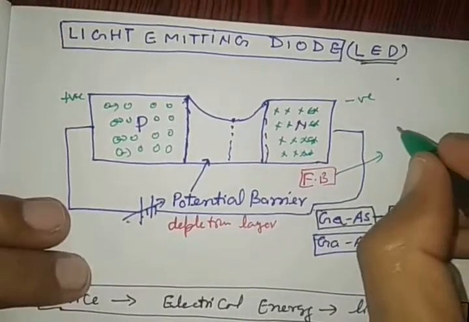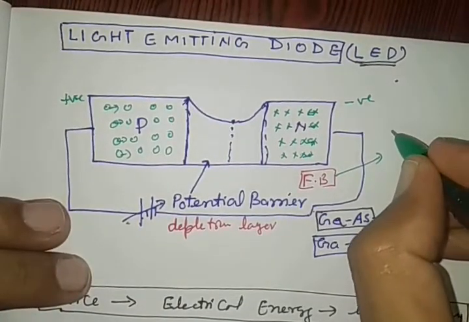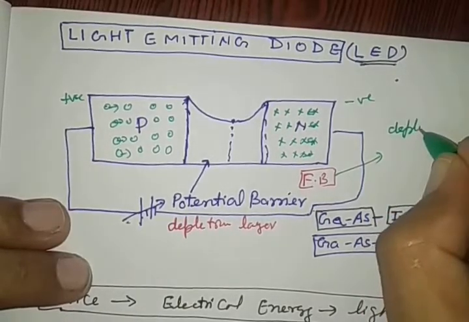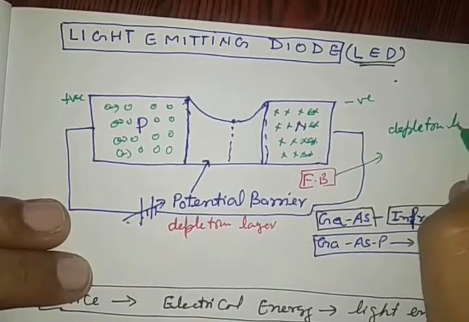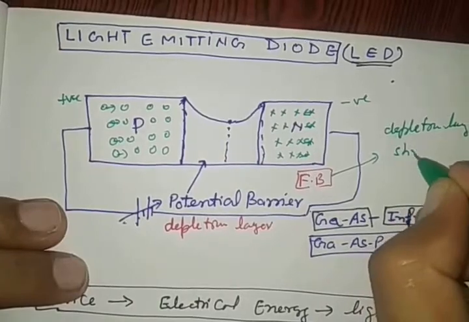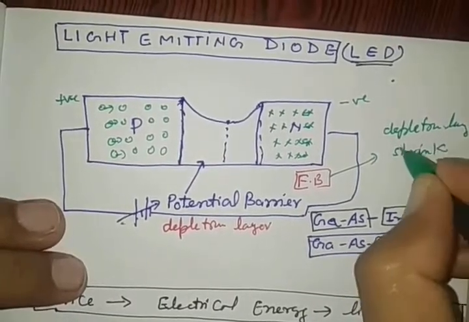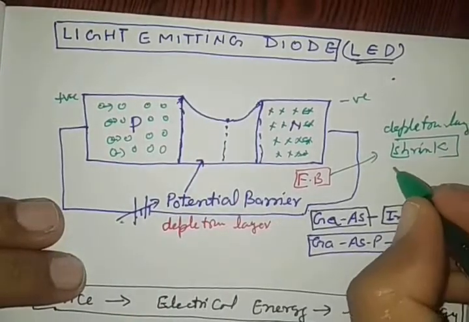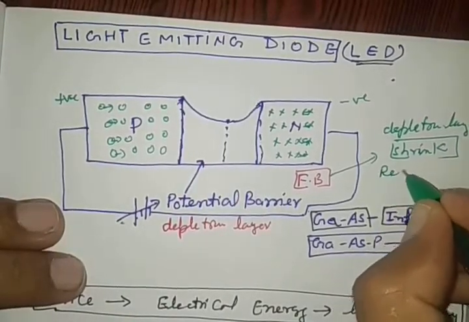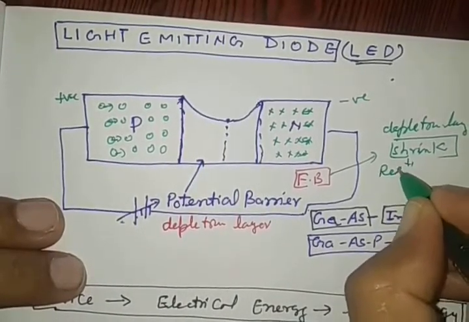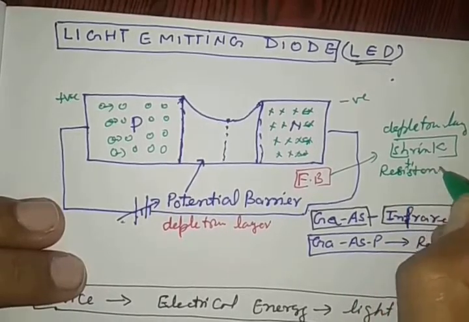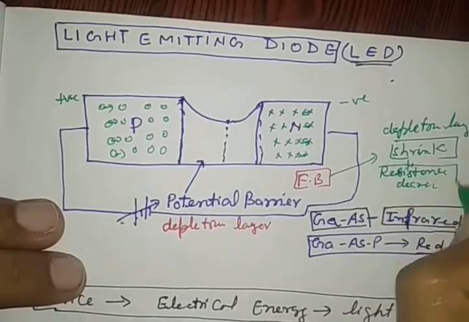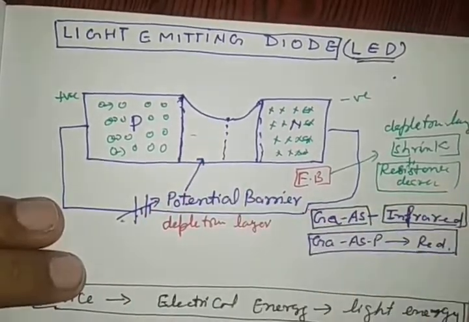What happens when we apply the potential? The depletion layer shrinks and resistance decreases. Whose resistance? Of the potential barrier.